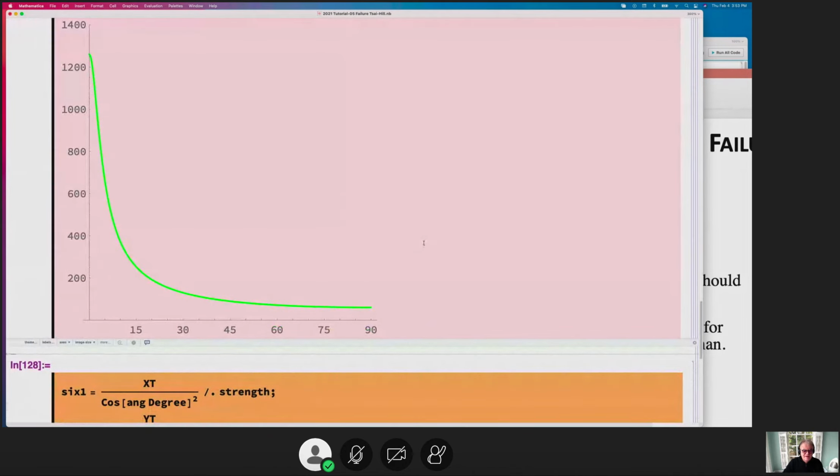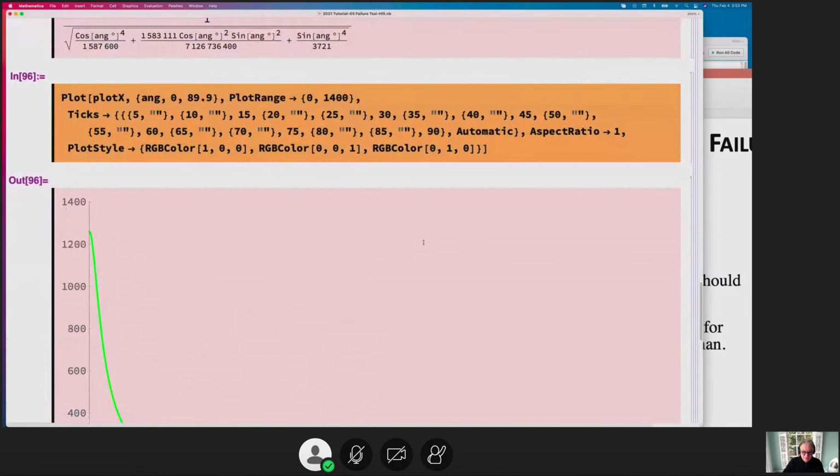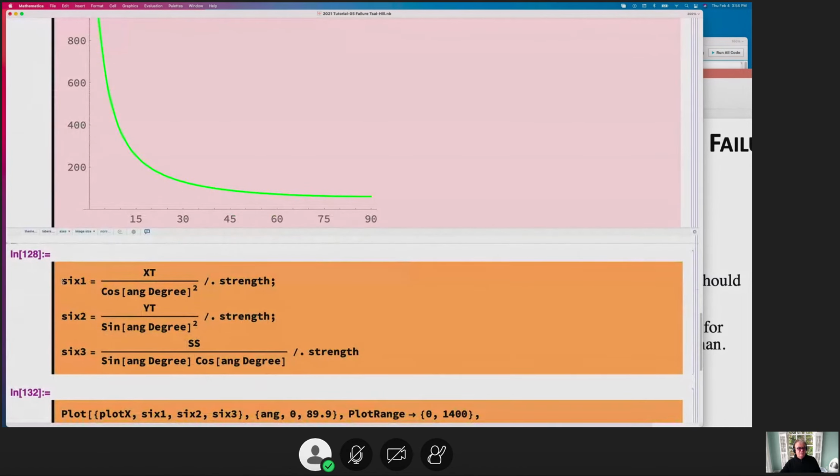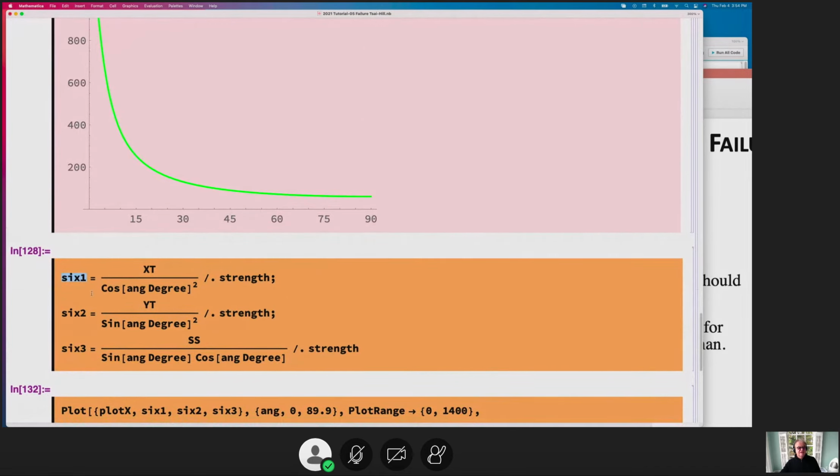Now, how does this compare to strength directly along the fiber direction, directly along the transverse direction, and shear strength? Let's compare that. So I can define a new label, sigma 1.